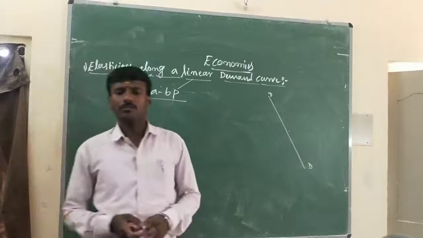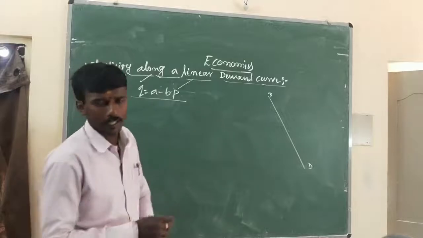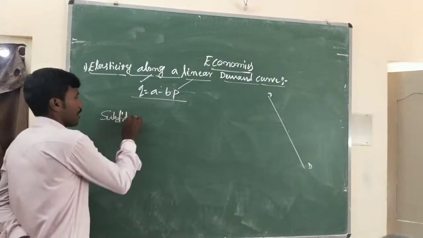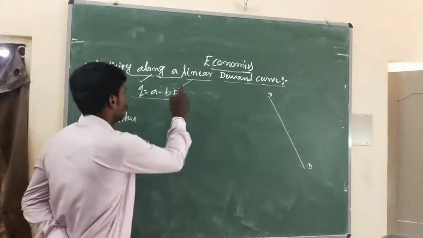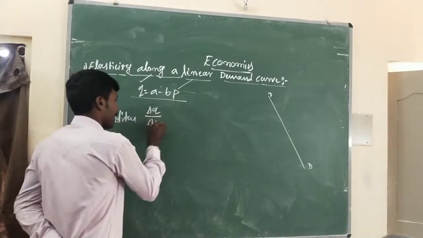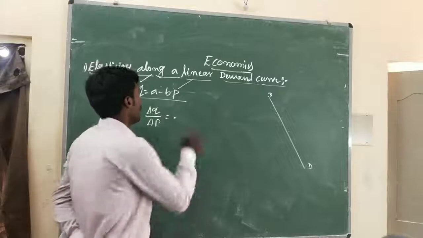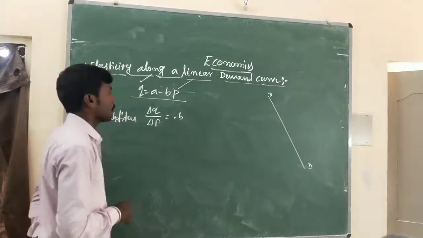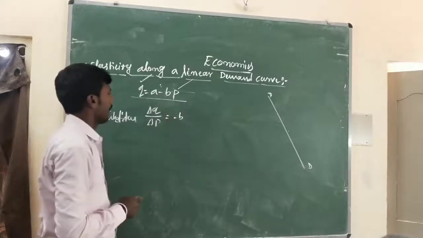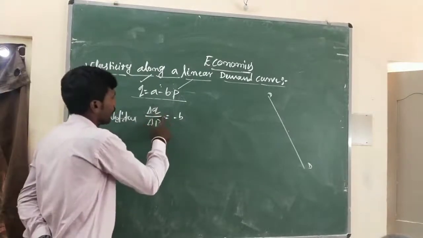So we are substituting the value of delta q divided by delta p equals minus b. Now we are going to substitute this value into the equation, that is delta q divided by delta p equals minus b. ಏನೊಂದು Q equals A minus BP ಇದೆಯಲ್ಲ, ಅದನ್ನ ನಾವೀಗ ಸಬ್ಸ್ಟಿಟ್ಯೂಟ್ ಮಾಡ್ಕೊಳ್ತಾ ಇದೀವಿ, delta q divided by delta p equals minus b ಅಂತ.